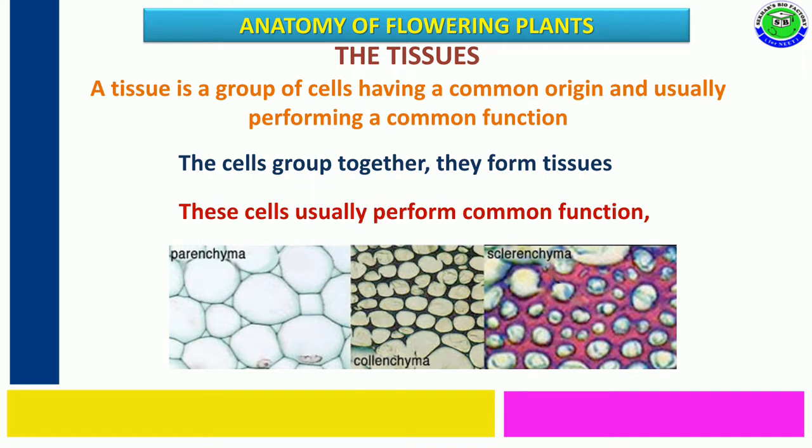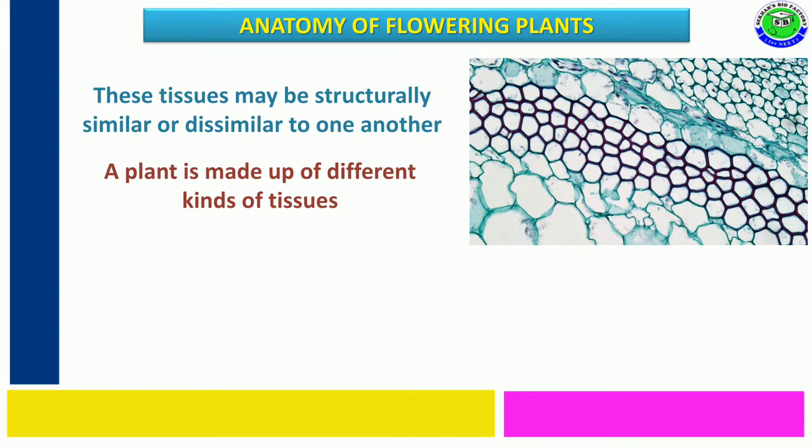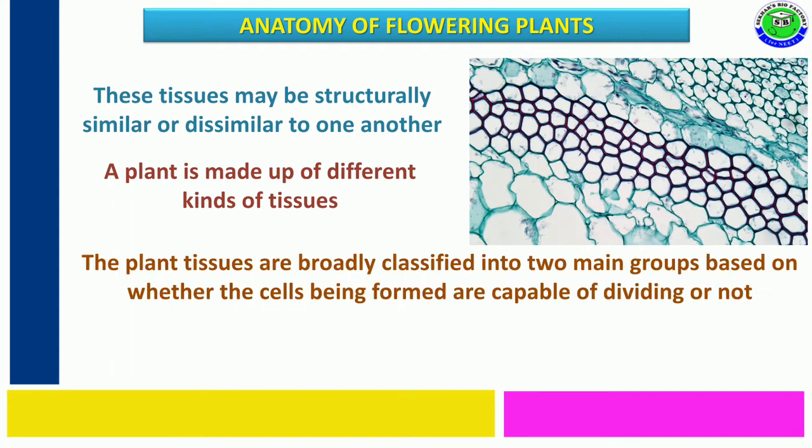Along with that, these cells usually perform a common function. These tissues may be structurally similar or sometimes structurally dissimilar. But a plant body is made up of different kinds of tissues present in its structure.